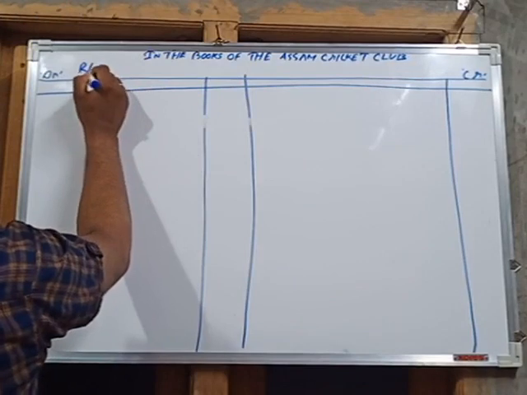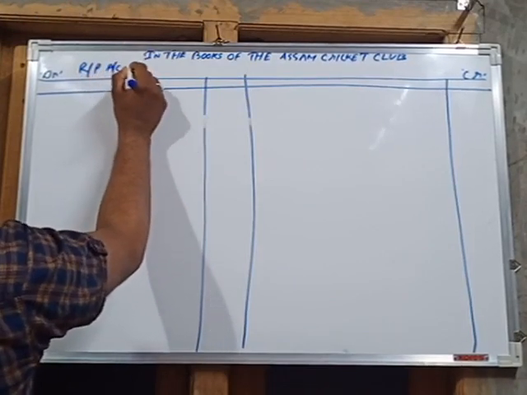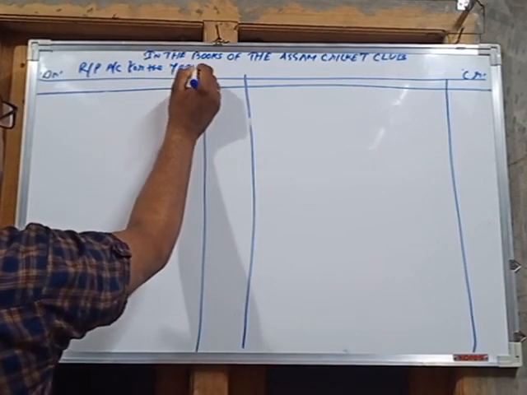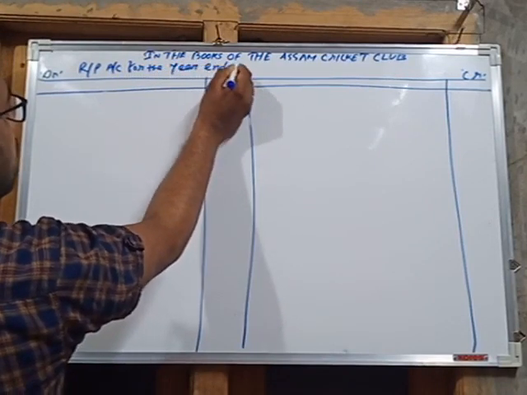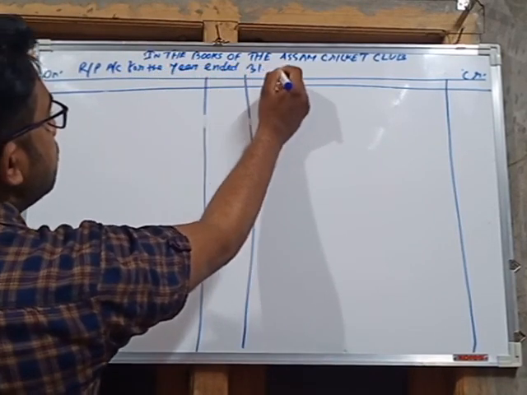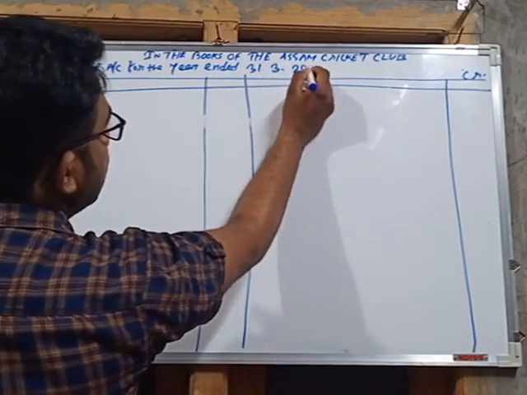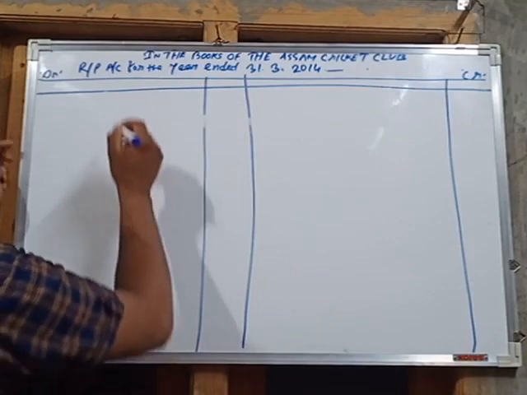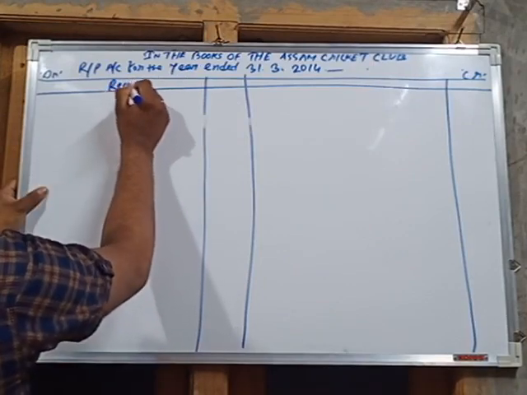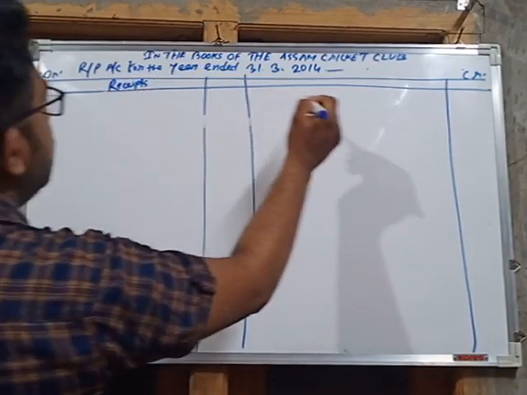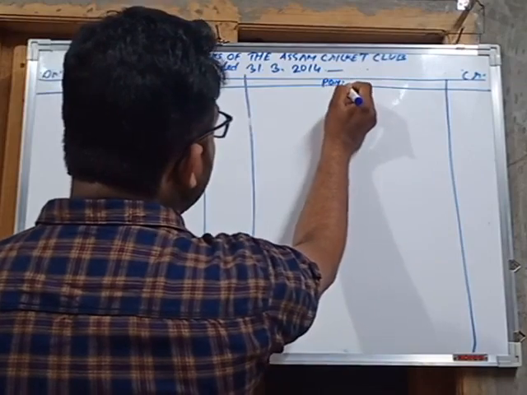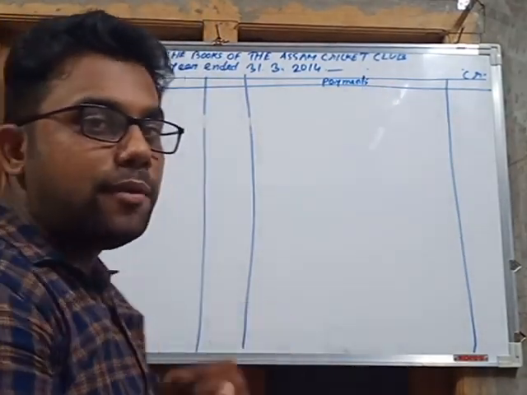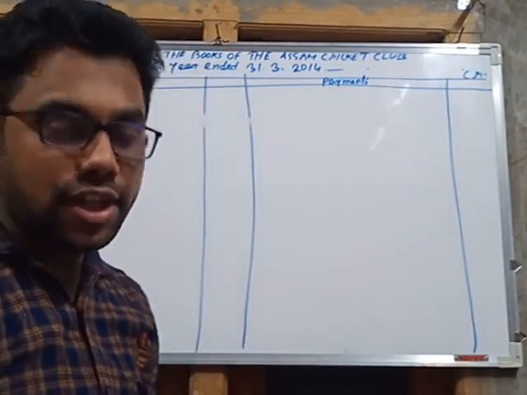Receipts and payment account for the year ended 31st March 2014. Okay, so it is a receipt side, receipts, payments. So first we start with the opening balance of cash in hand and the opening balance of cash at bank.